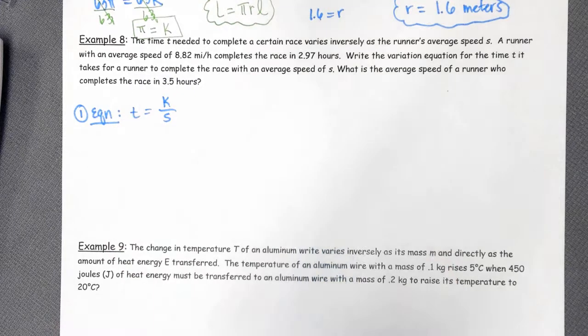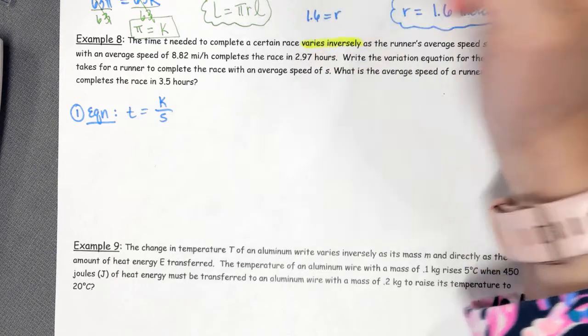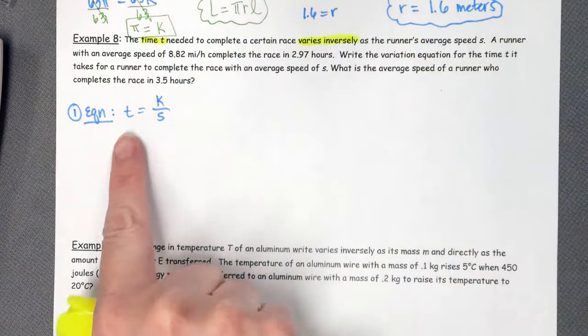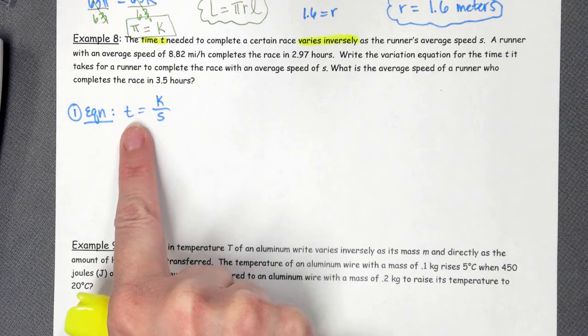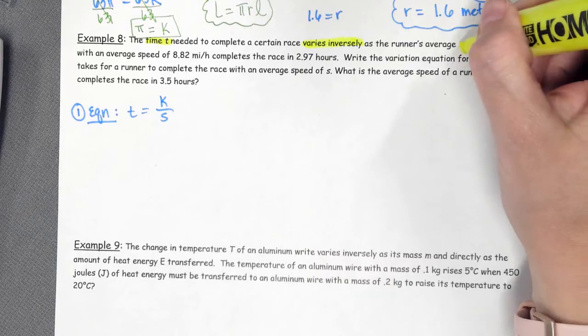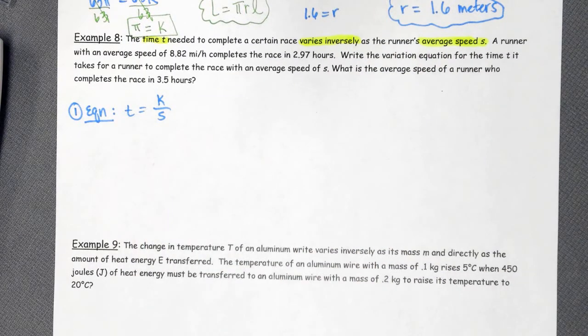Great. Okay, so for this one, it varied inversely. So if it varies inversely, whatever they give you first is what you're going to write first. So the time varies inversely as the runner's average speed, s. Okay, so s goes in the denominator.